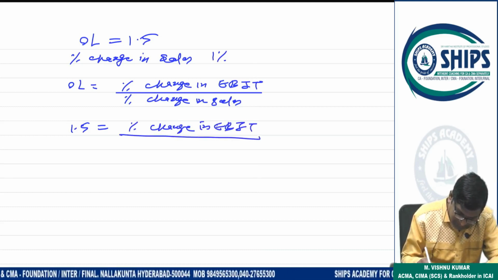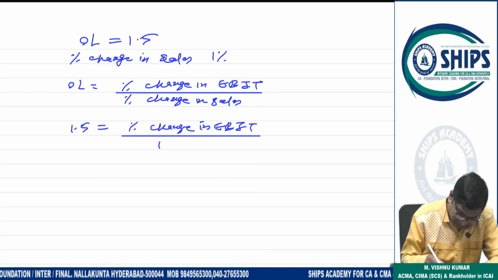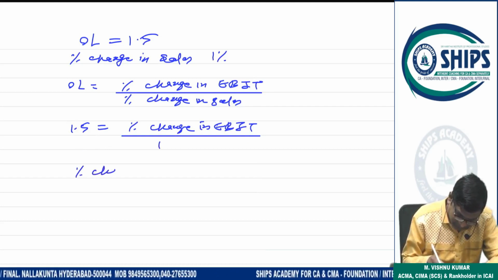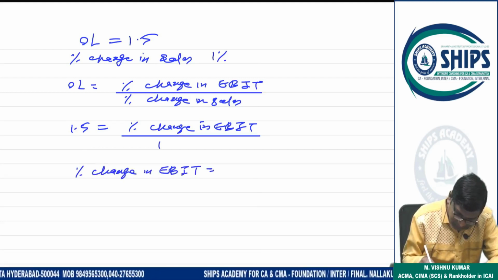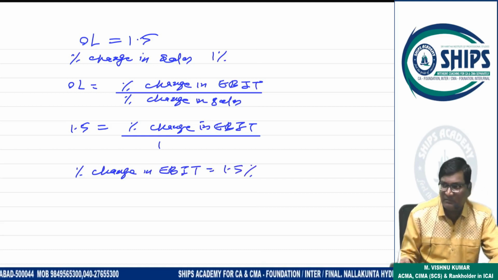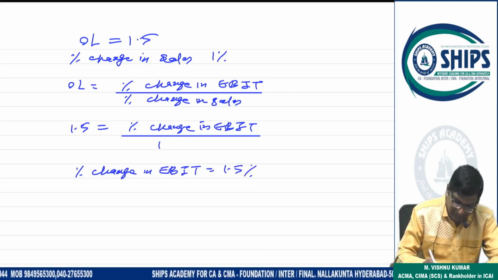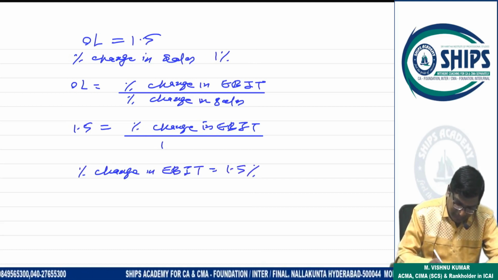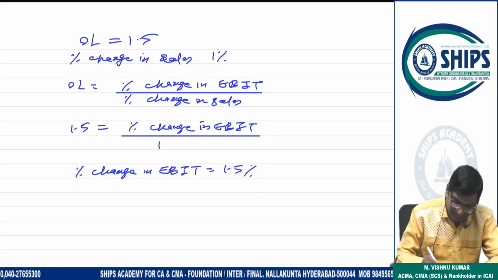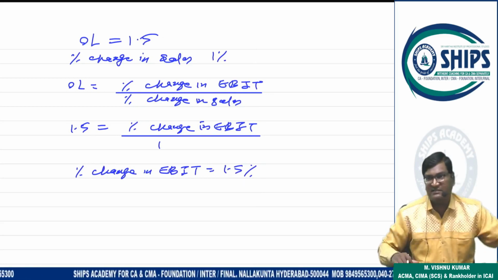And percentage change in sales is 1, so you have to multiply. So percentage change in EBIT will be how much? 1.5%. So it means if sale increases or decreases by 1%, with this operating leverage, in the same direction EBIT will also increase or decrease.